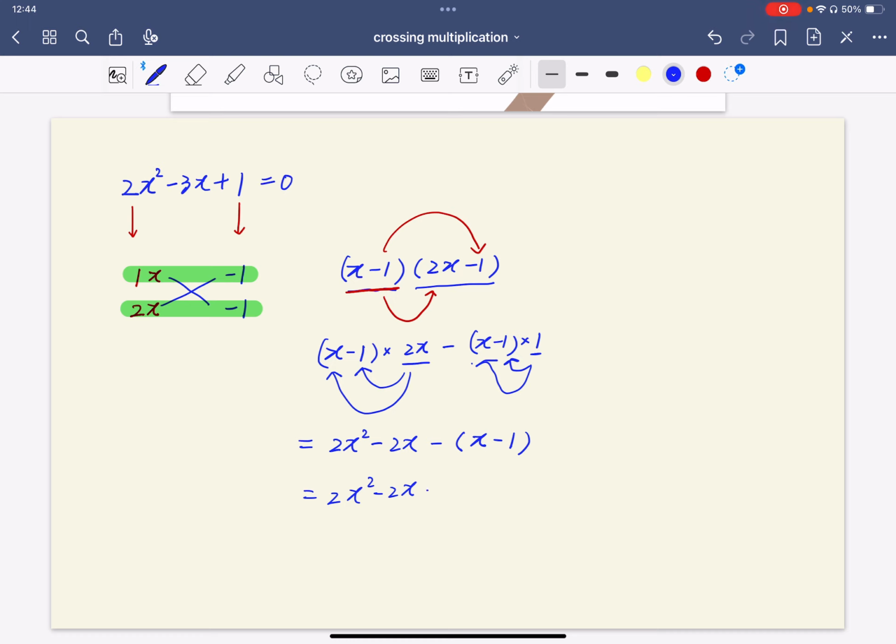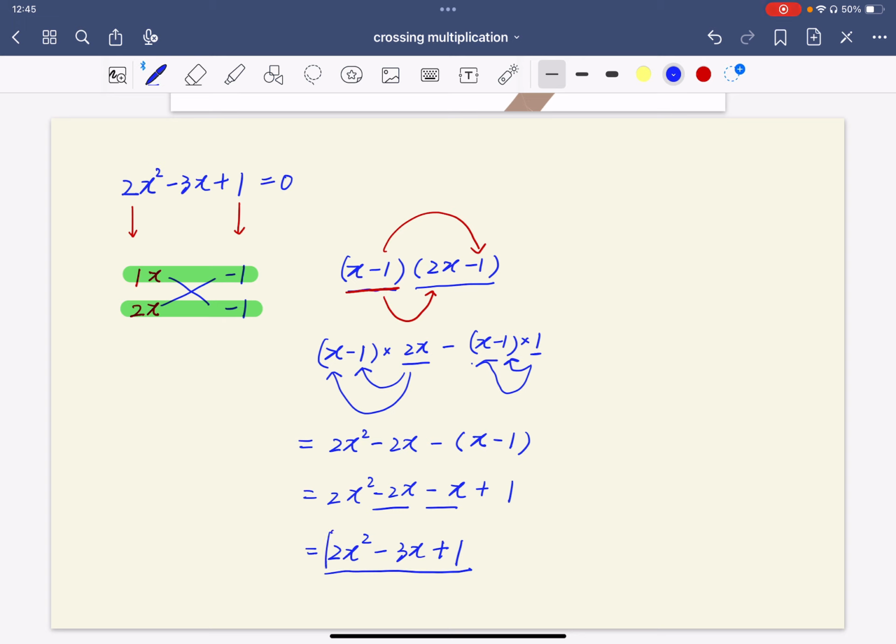So we need to write minus x plus 1. They are like terms. We need to collect the like terms. So we get 2x squared minus 3x plus 1.